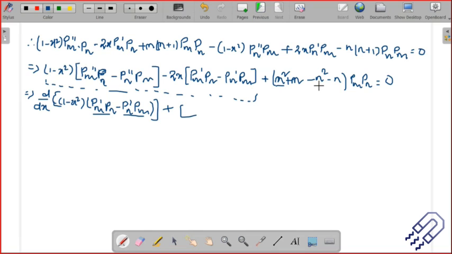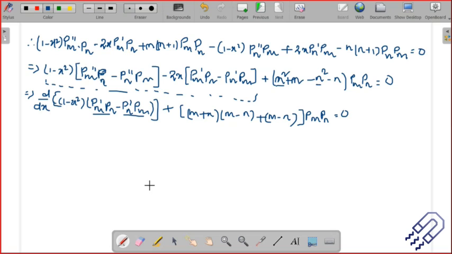This is m square minus n square, so a square minus b square. I can write it down as m plus n into m minus n, right? So let me write it down that way, m plus n into m minus n, and this is minus n square, and we have got m minus n, so plus, you can write it down as m minus n, Pn is equal to 0.